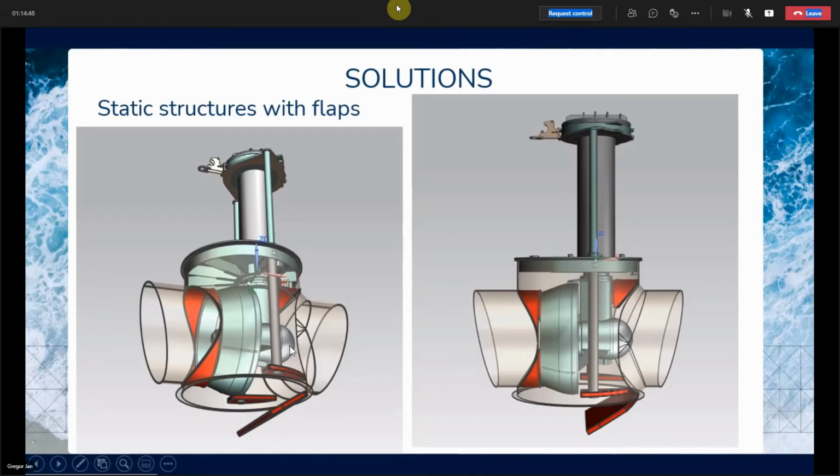Together with the static barriers, it keeps the flow continuous and avoids circulation and other unwanted things. We simulated the behavior of this with CFD simulations, and Janne is going to tell you something about that.